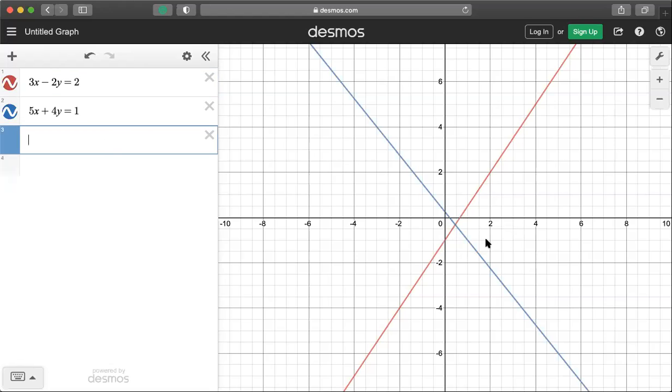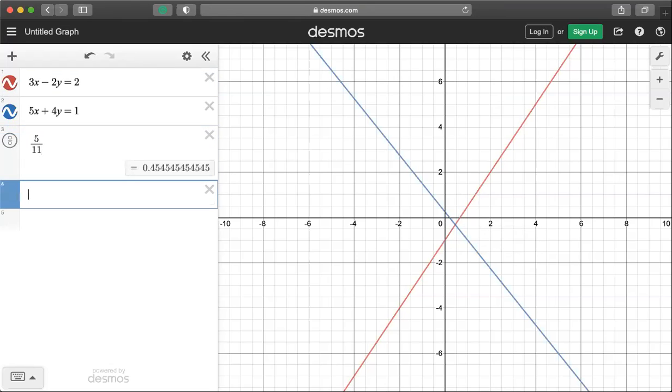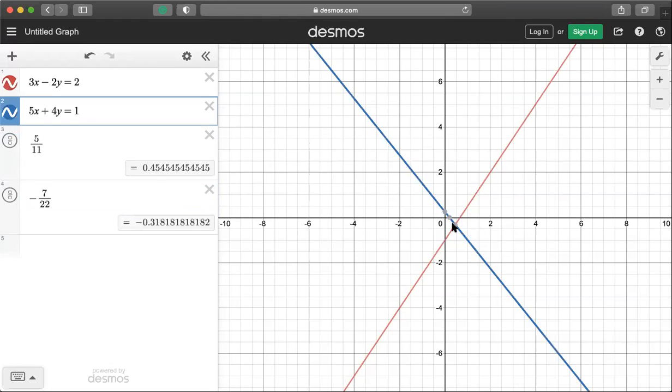But notice the first one, let me write down what we had. 5 over 11, and I think the other one was negative 7 over 22. Now if I click at this point right here, you can see 0.455. So you see that they're rounding 0.454545 to 0.455, and this negative 0.318 is also a rounded number.